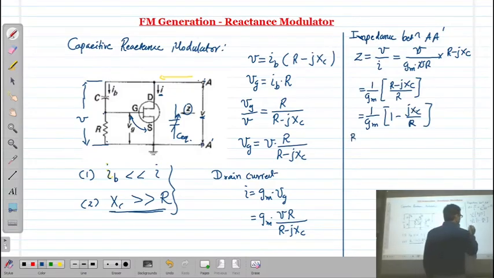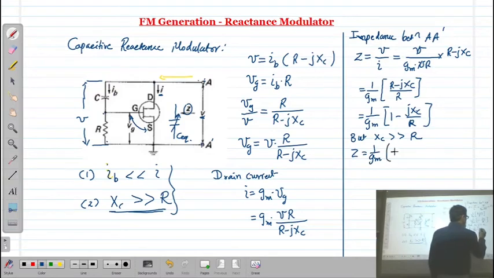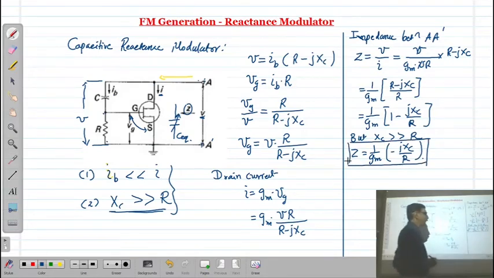So when XC is much greater than R, my impedance will be equal to 1 upon Gm into minus jXC by R. Remember, this is the impedance seen between the points A and A dash.